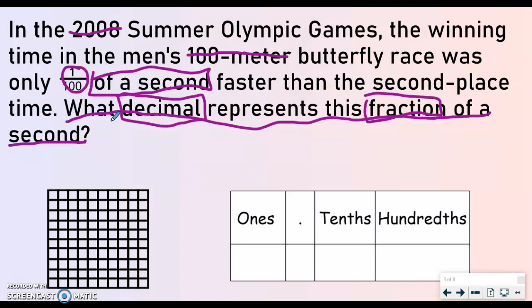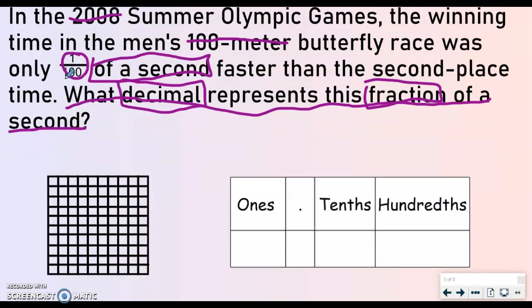So here's my fraction, and I just want to point out something interesting. We have the word second appearing twice with very different definitions. This second is referring to the unit of time, and this second is referring to the order of finishing in the race. So just always be careful, making sure that some words are used for more than one meaning. So make sure you always clarify your meanings.